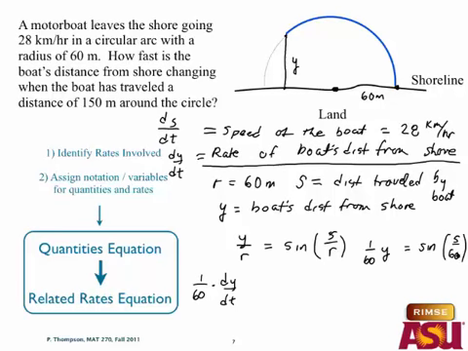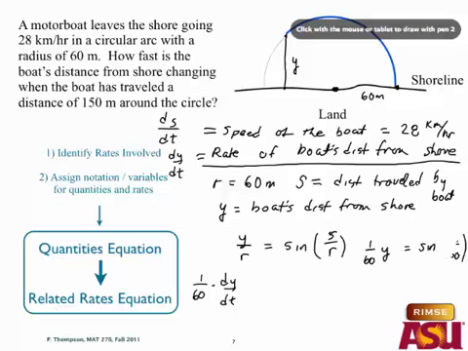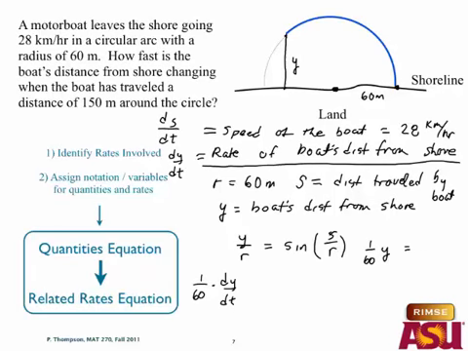Equals sine of 1/60th s, if that helps for taking the derivative. Okay, so the derivative of 1/60th y with respect to t will be our 1/60th times dy dt.